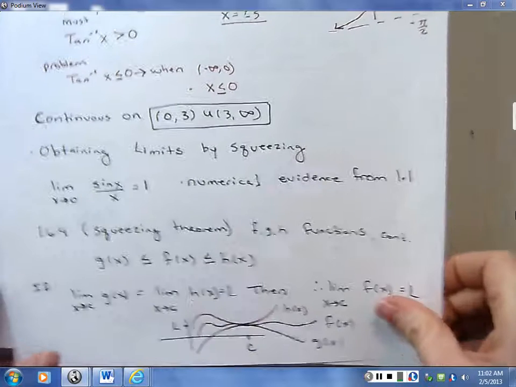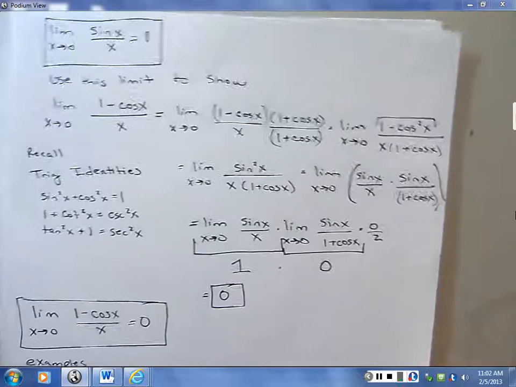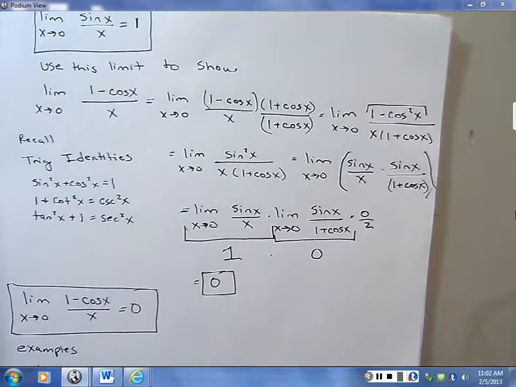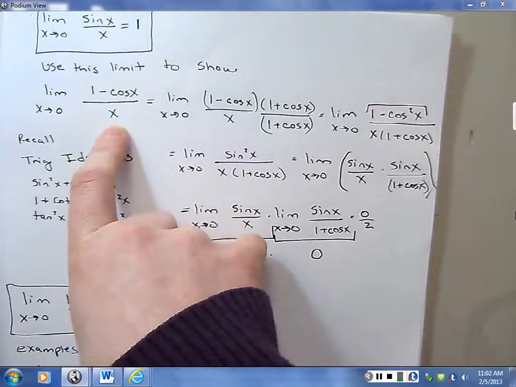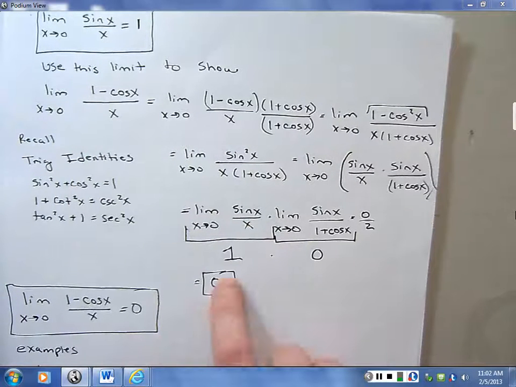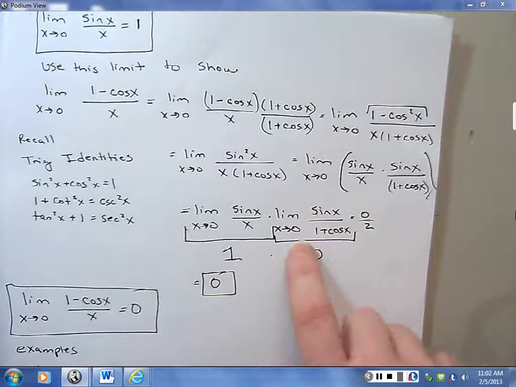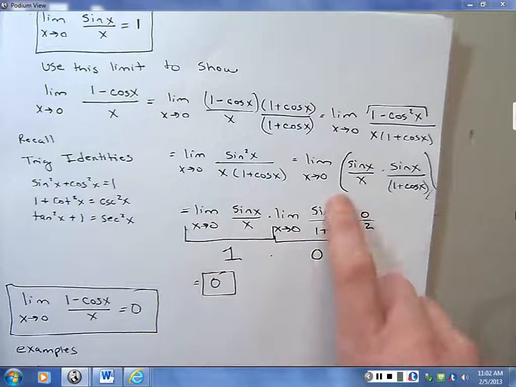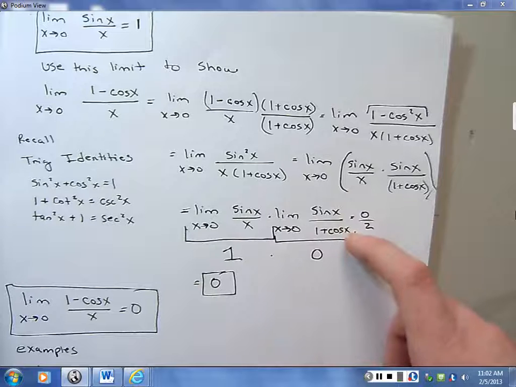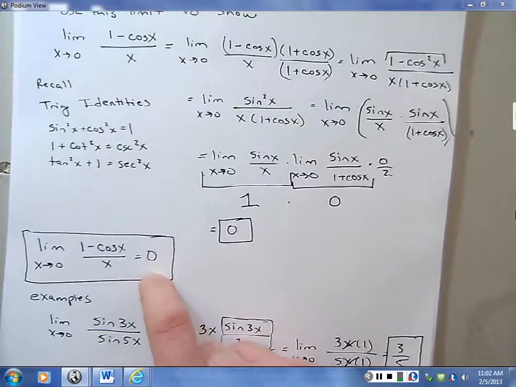We also spent some time showing the next limit that you can now just use: the limit as x goes to 0 of 1 minus cosine of x over x approaches 0. The reason why is we use the sine of x over x here goes to 1, and then we have 0 over 2, so we know that goes to 0. So this can be used in the proof of this.